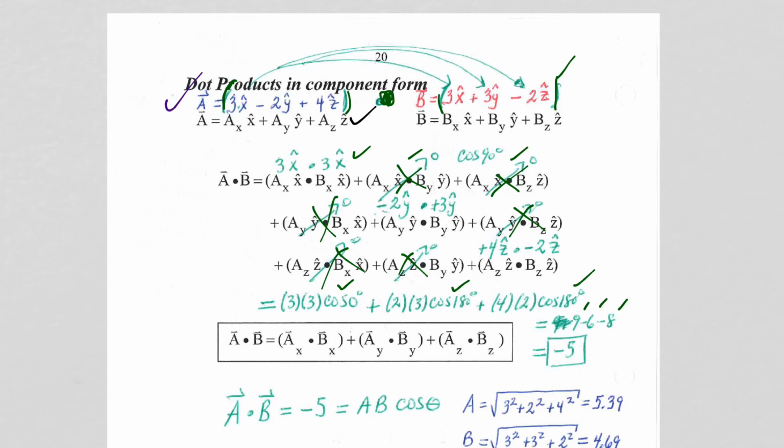So I could have just known the parallels give us positive, anti-parallels give us negative, to do 3 times 3 is 9, negative 2 times 3 is negative 6, and 4 times negative 2 is negative 8, and kind of done like a shortcut little cheating way to calculate my answer because I don't really have to go to the cosines.